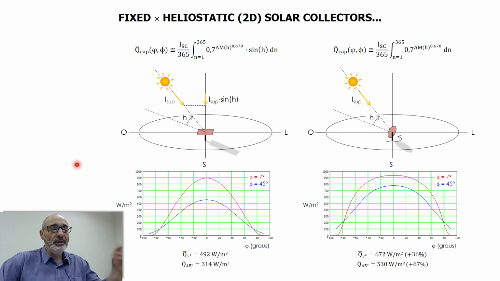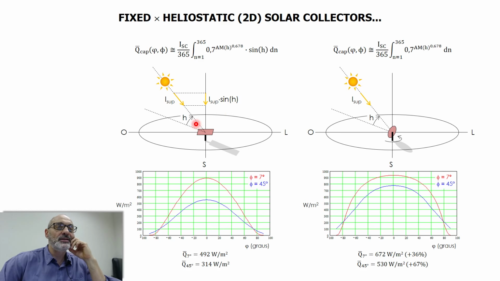Is there any doubt on this calculation here? Okay. So what we need to do now is to decide what type of mirror we're going to use. We can do this by the same formula actually. If I use a fixed mirror, as in this case here, I have to project the amount of energy that arrives on this vertical line here.